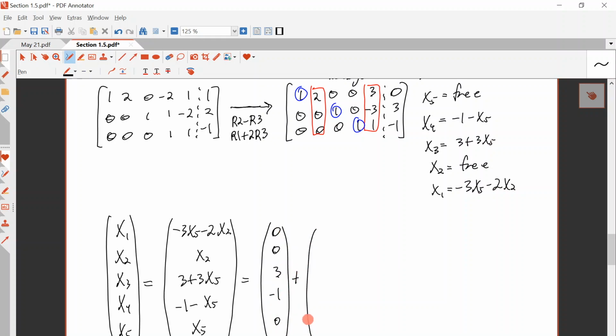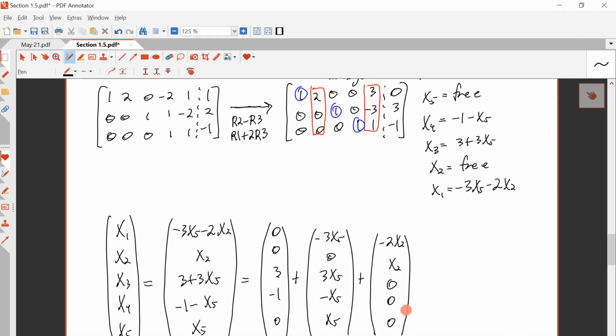The x5 vector, so minus 3x5, 0x5, 3x5, minus x5, and then x5, plus the x2 vector, minus 2x2, 1x2, and then 0, 0, 0 x2s.